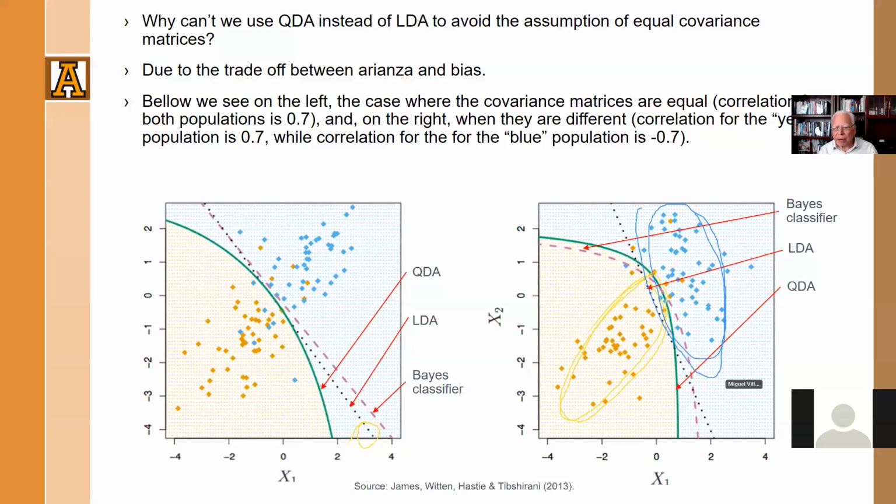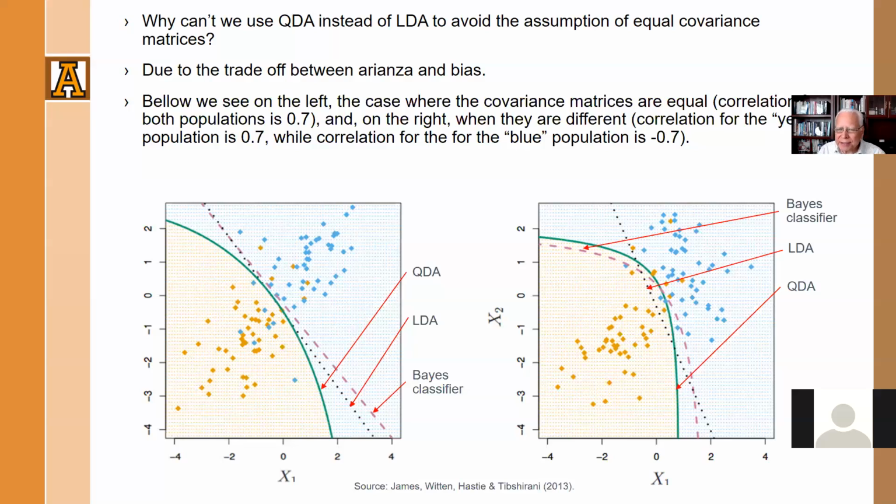So we have a different variance covariance structure for both populations. In this case, the quadratic discriminant analysis is closer to the Bayes classifier than the linear discriminant analysis. So it makes sense to use the quadratic if, in fact, the variance covariance matrices are different.